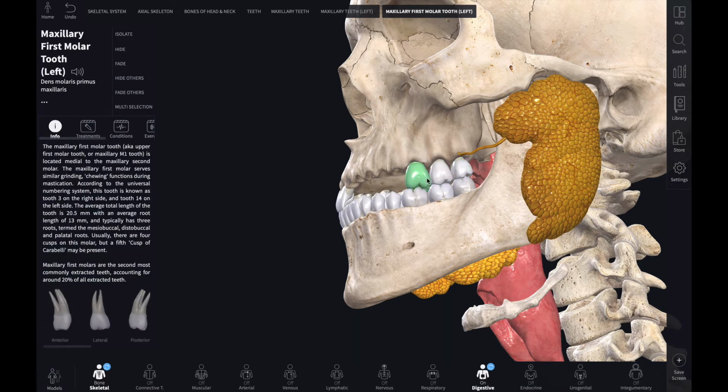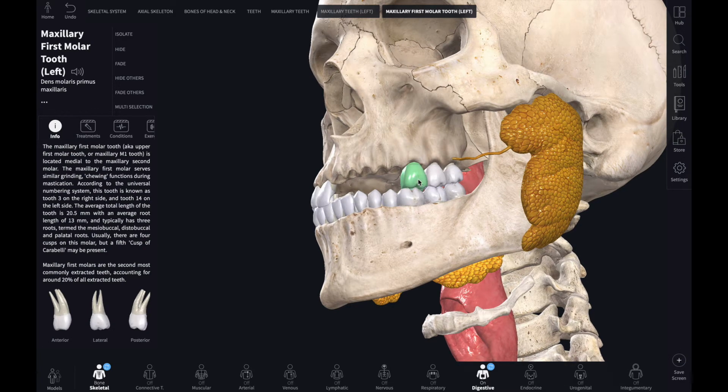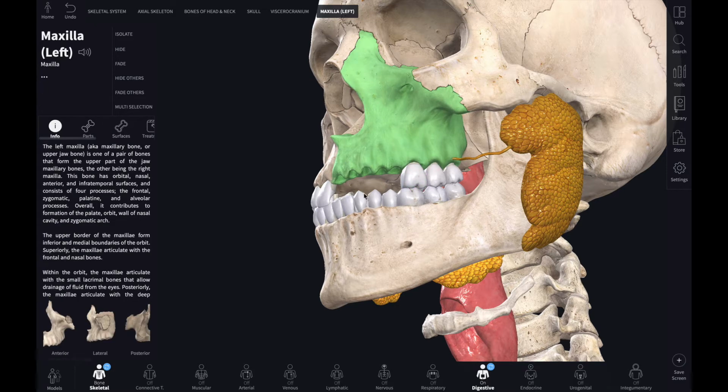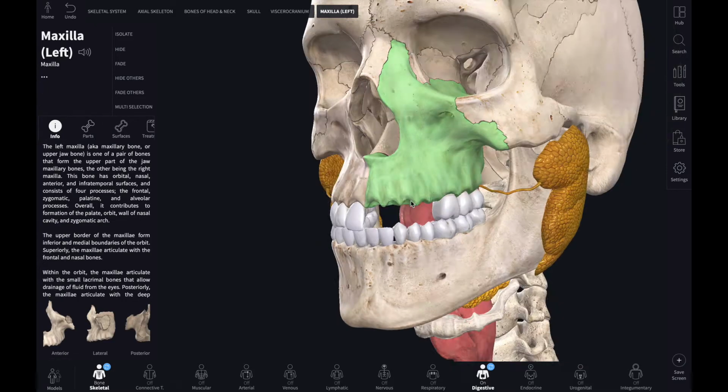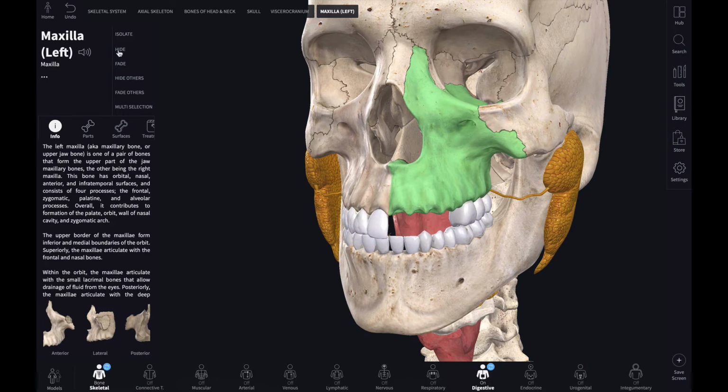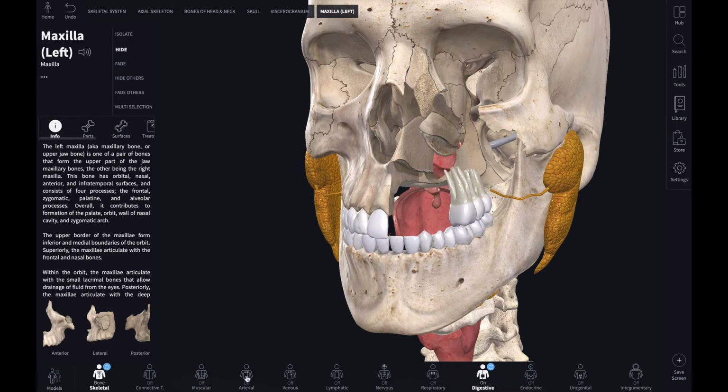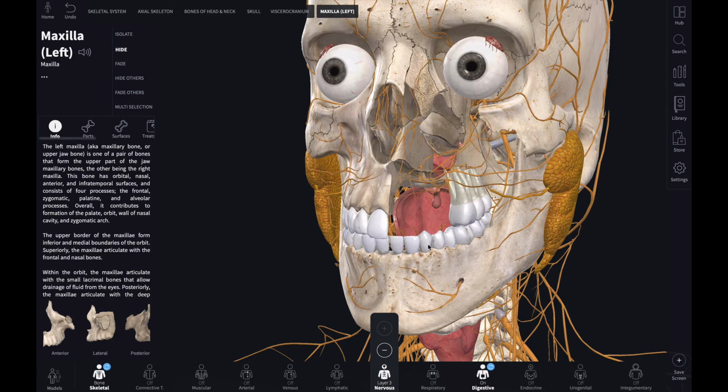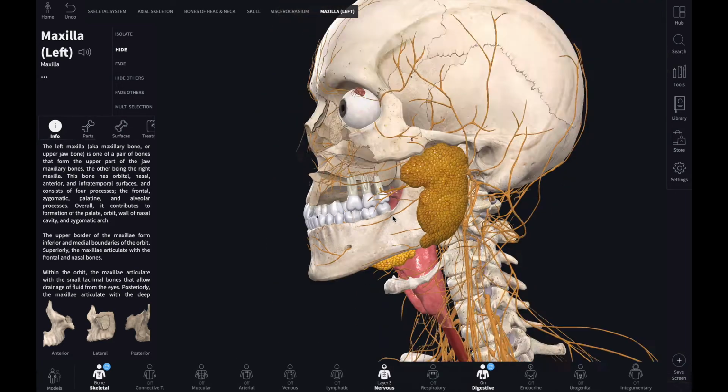These molar teeth are innervated by the branches of the trigeminal nerve. I will show you by placing all the nerves here.